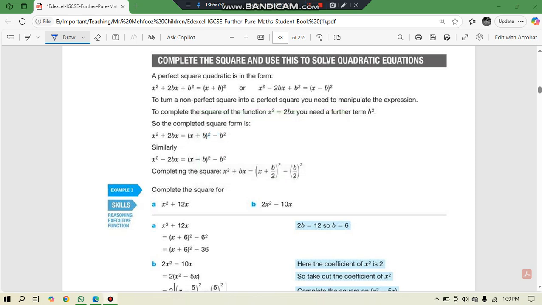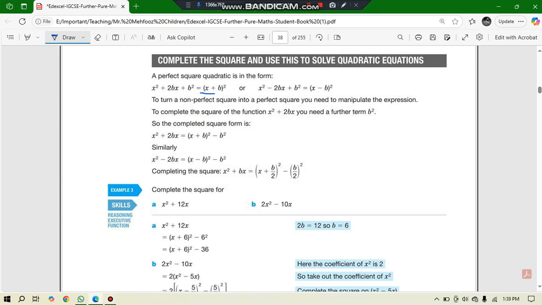Our next topic is completing the square and using this to solve quadratic equations. A perfect square quadratic is in the form x squared plus 2bx plus b squared, which equals (x plus b) whole squared, or x squared minus 2bx plus b squared, which equals (x minus b) whole squared.